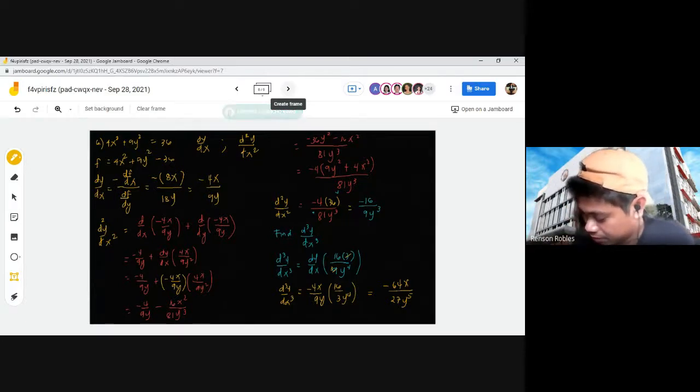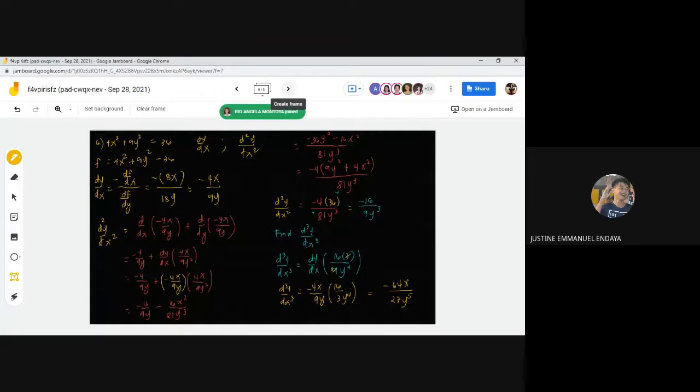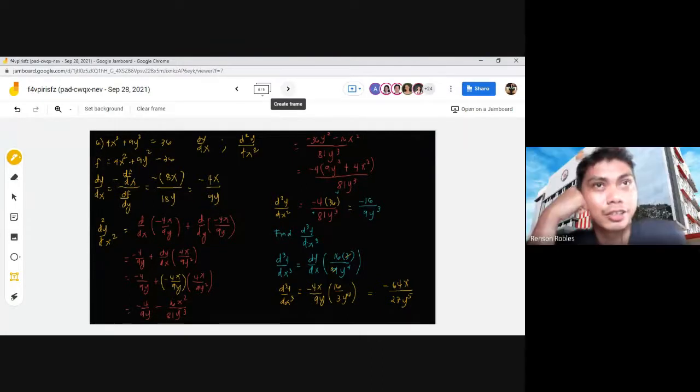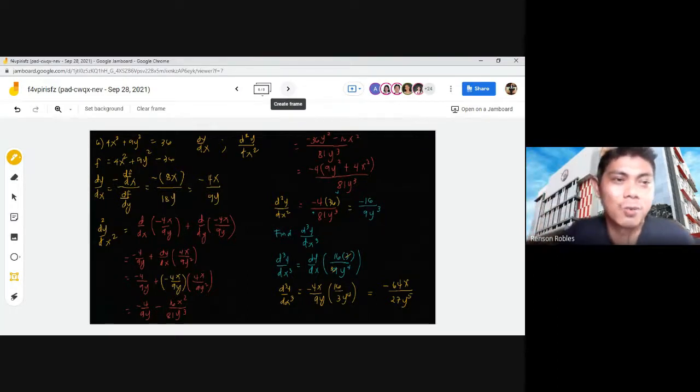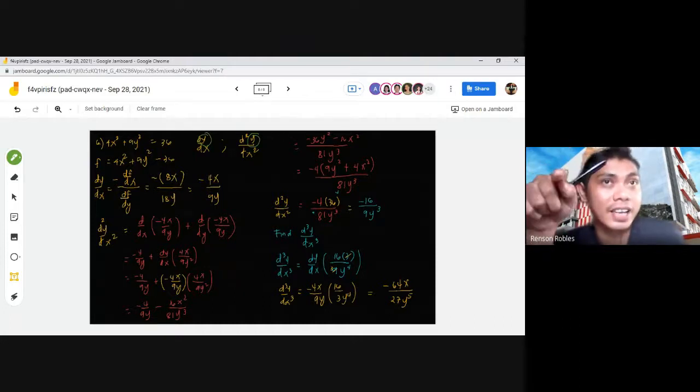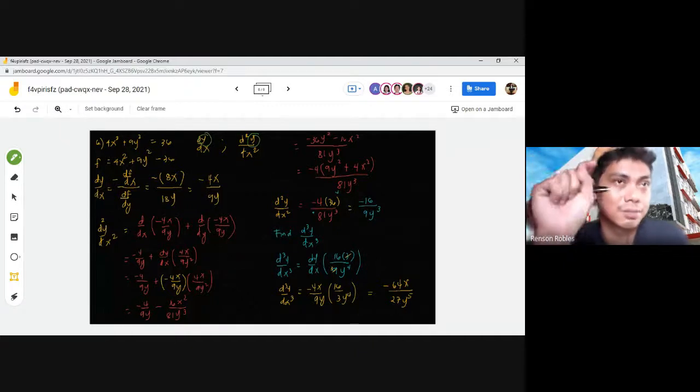Go on. Sir, ba't nga pala po naglalagay ng dy over dx kapag kinukuha yung derivative ng x with respect to y? No. Derivative of the function with respect to y. Because y is the dependent variable. Now, if in the case na yung x ang nasa taas, eh di ang ilalagay nyo ay dx dy when you are differentiating the function in terms of x.